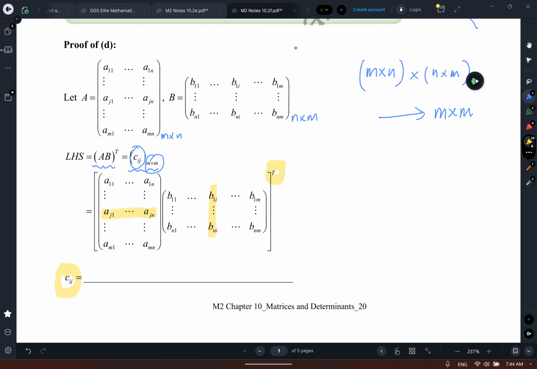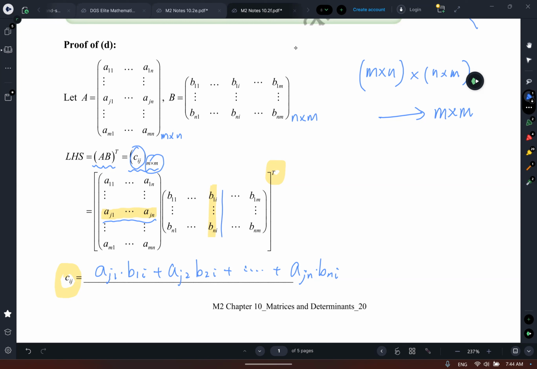I hope you know what I mean. It's a mouthful to say. Anyway, Cij will be obtained by using this row and this column. So I write it down: that is Aj1 times B1i plus Aj2 times B2i plus, basically all of them, up to Ajn times Bni.